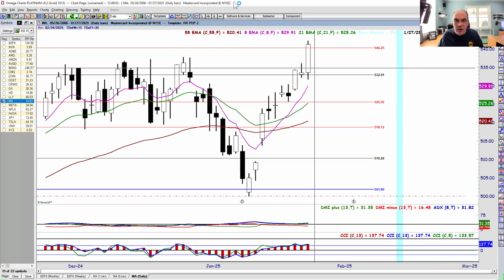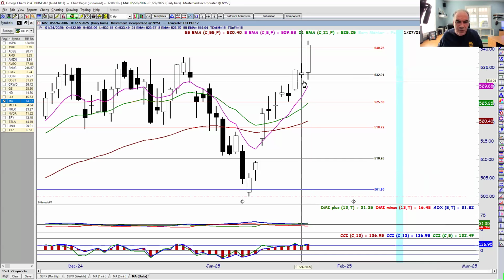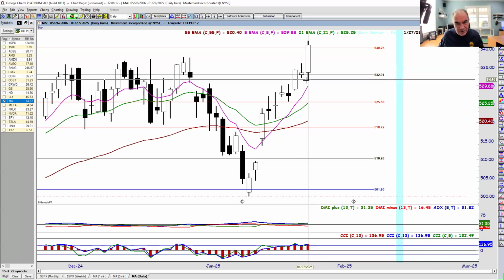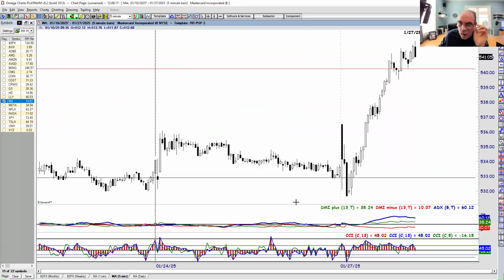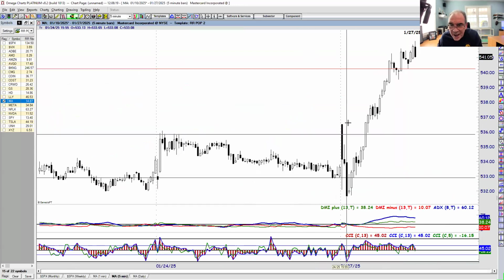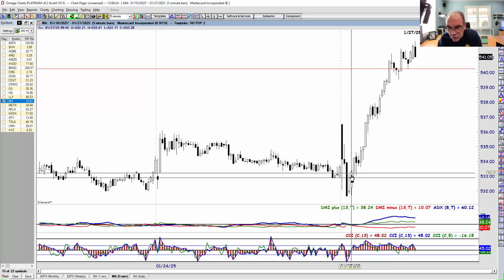Okay. So as we watch, as you see here, MasterCard opened up about where it closed. And you can see that wick, that tail down there. Normally, it's going to tell you that we pulled down there first, and then we ran the way that it did. So if we look over at a 5-minute chart of MasterCard, quick gap up, we pull back, we close right on this candle.